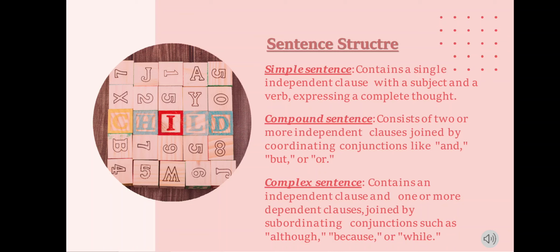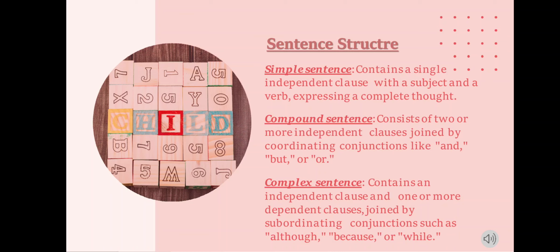Complex sentences, the last type we have, is a sentence that contains one independent clause and at least one dependent clause, which cannot stand alone as a complete sentence. Dependent clauses are introduced by subordinating conjunctions such as because, although, or while.